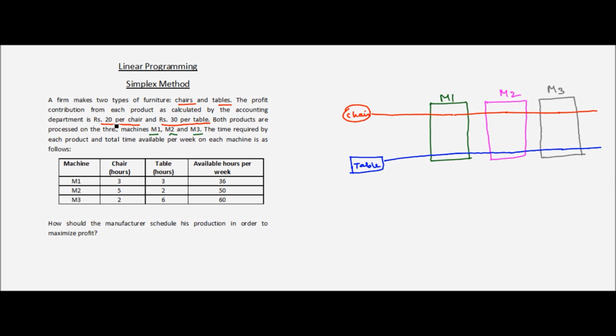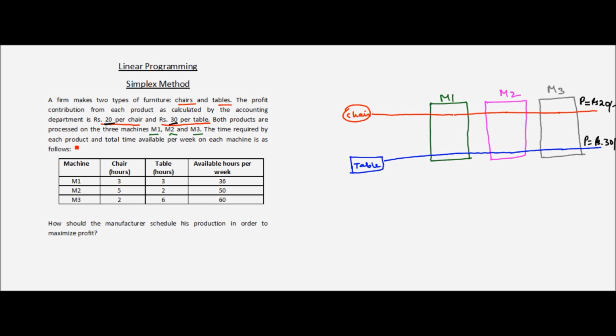Now we have been given that each chair gives the company a profit of rupees 20, and each table gives a profit of rupees 30. Now let's proceed further in this example.